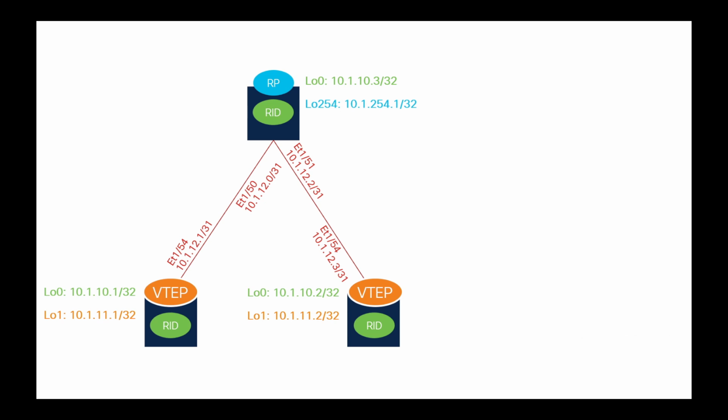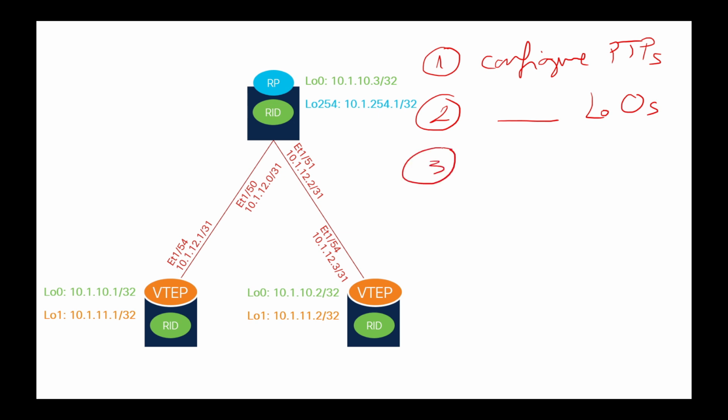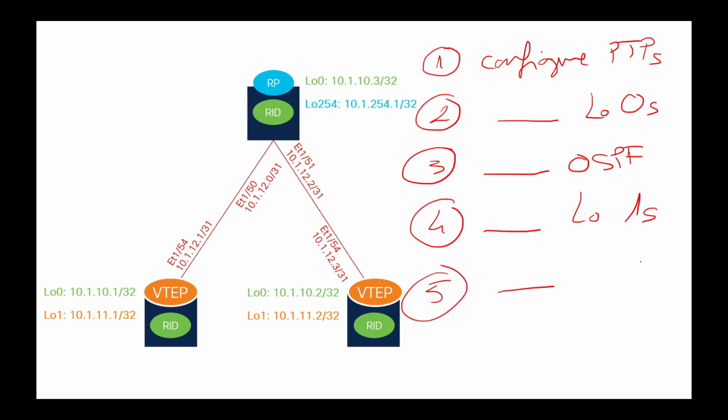So first, we will configure the point-to-points. Then we will configure the loopback zeros. Then we configure the OSPF process. Obviously, we will announce the loopback zeros and enable the OSPF process on the point-to-points. Then, as a fourth step, we will configure the loopback ones. And finally, we will configure PIM.